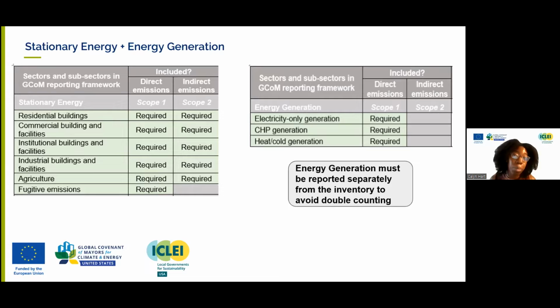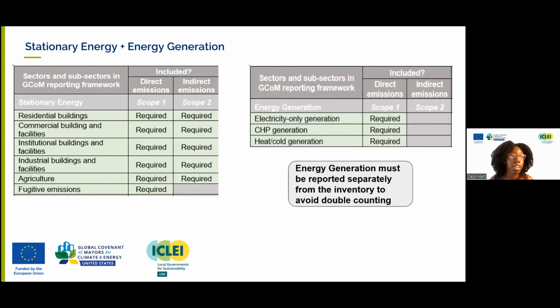And then again, separating out the energy generation. When you're looking at energy generation, you'll want to make sure that all greenhouse gas emissions from the generation of any grid supplied energy within or outside the city boundary are reported.